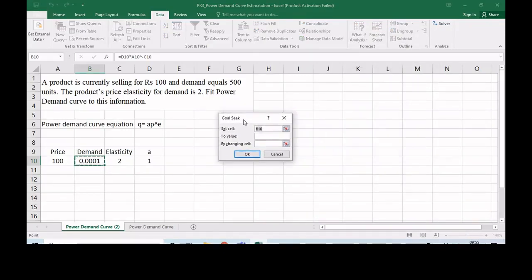Now in this goal seek, you can see the set cell is one field, to value is the next field, and by changing cell is the third field. Now in the set cell, we know that we want this value, demand. So B10 is there by default because I have selected that cell previously. If it is not selected, you can just select it, and it will appear as B10. To value, what is that value?